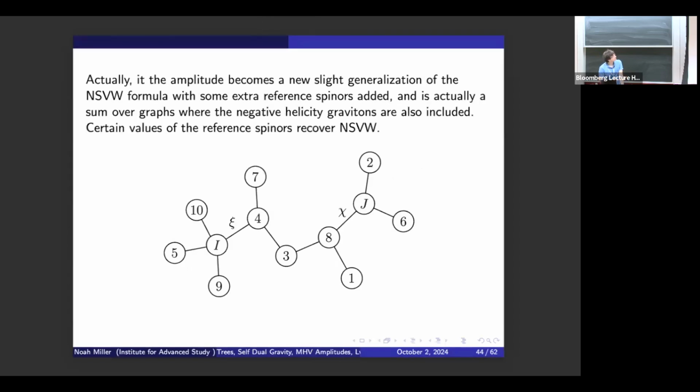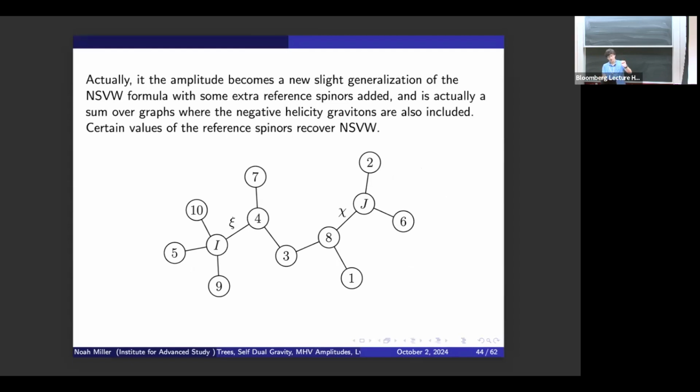Actually, the formula you get is a slight generalization of the NSVW formula, with some extra reference spinors added in. It turns out to be a sum over graphs where you include the negative helicity gravitons too. These are included in the graph, and there are reference spinors that connect them to the rest of the graph.